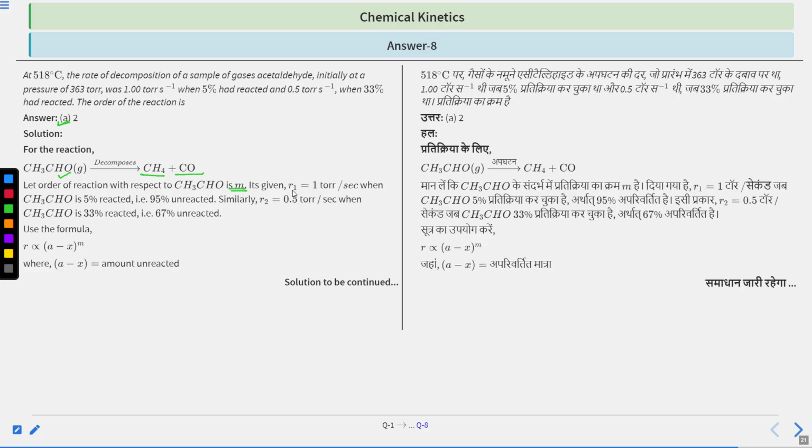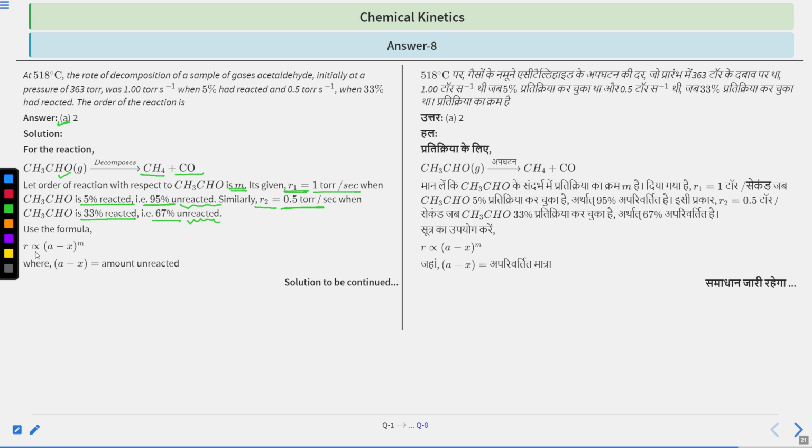It is given that the rate 1 is 1 torr per second when the acetaldehyde is 5% reacted. What it means is that 95% is unreacted. Similarly, the second rate is 0.5 torr per second when CH3CHO acetaldehyde is 33% reacted. That means 67% unreacted.